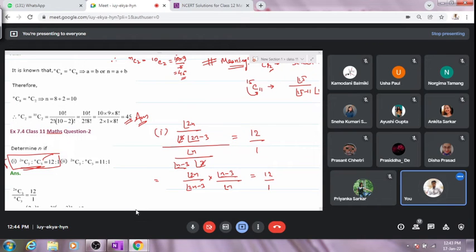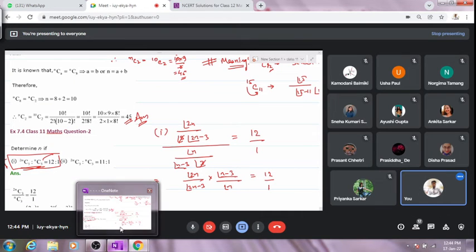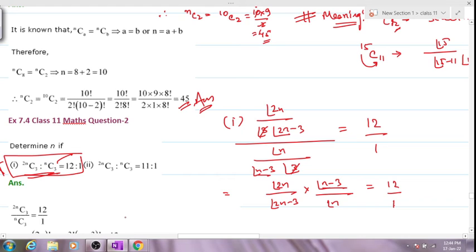Sneha, Prashant, Prasiddha, Ankita, Norgema, Usha, Priyanka. Any Homo sapiens who's got the value for n? No one? No one. Moving on to the solution now.